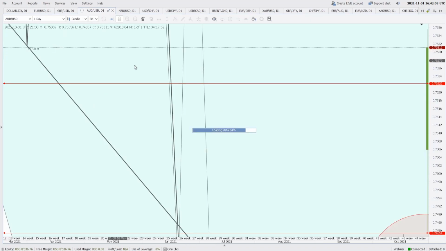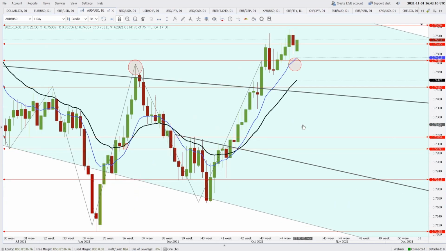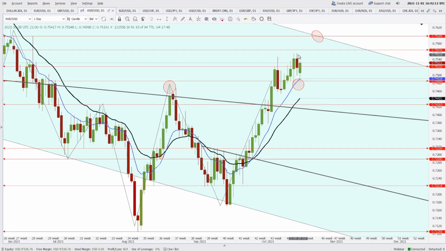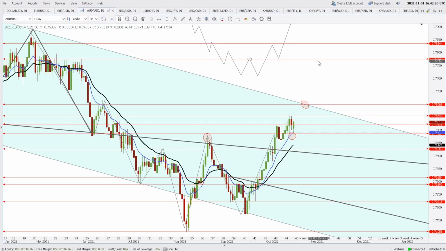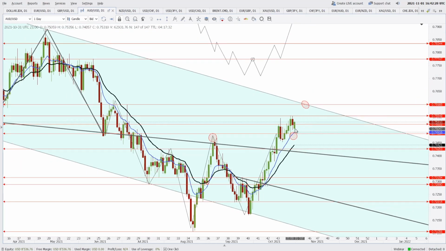But where is the resistance? Yesterday's and the day before yesterday's highs are definitely the resistances for the price. After that the next resistance is sitting at around 0.7598. This is the level I already mentioned in my previous videos, where I would like to book my profits, or maybe close all my long positions and wait and watch.